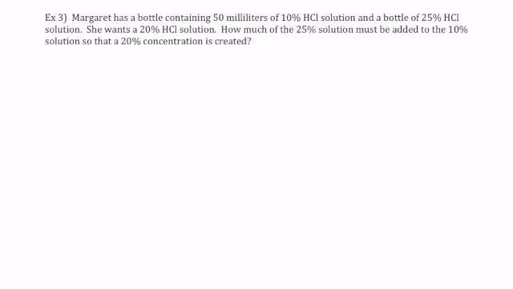So pretty much she is taking the less concentrated with the more concentrated, making a middle concentration. How much of the 25% solution must be added to the 10% solution so the 20% concentration can be created?